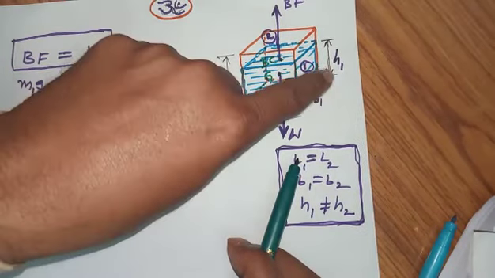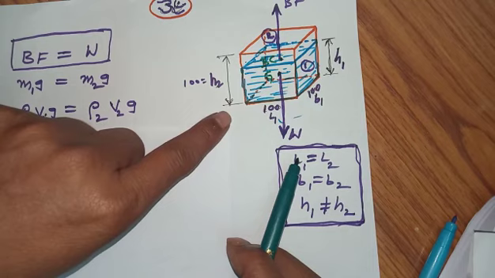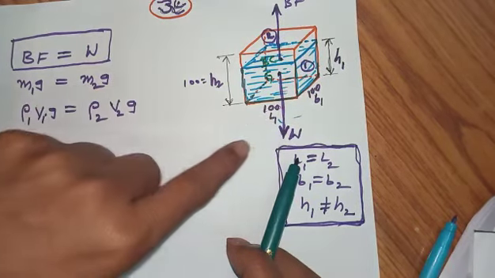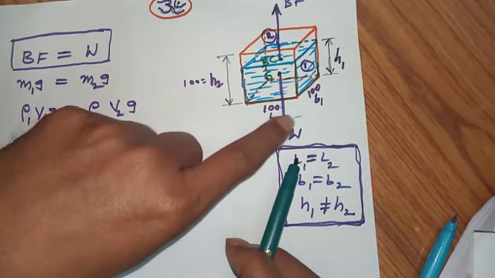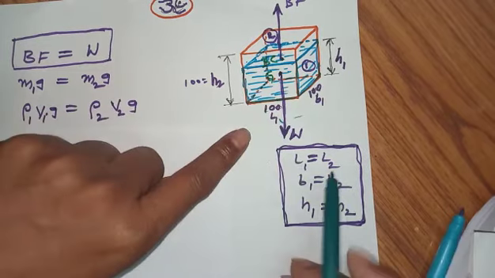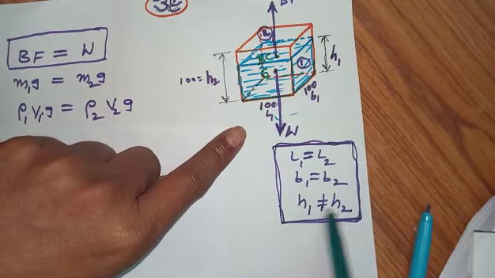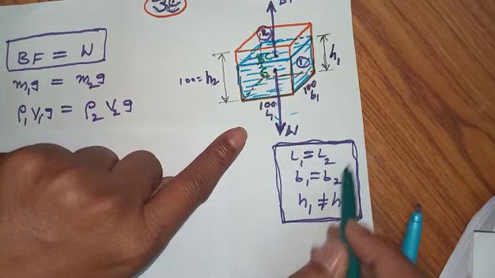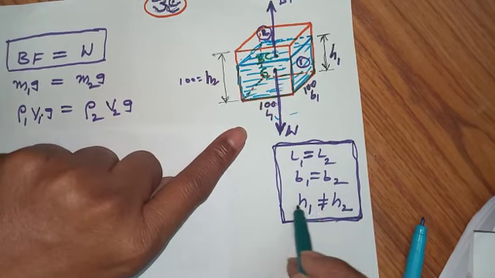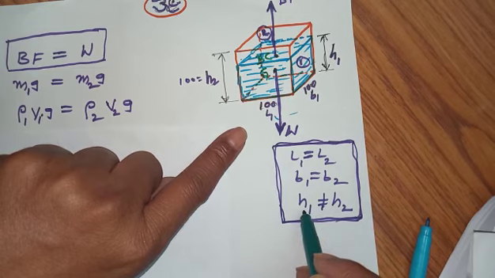Here H2 and H1 cannot be the same. Only L1, B1 and L2, B2 are the same. So L1 is equal to L2, and B1 is equal to B2. H1 is not equivalent to H2. Here this is 100 mm, this is 100 mm, and this is 100 mm, but H1 cannot be 100 mm.